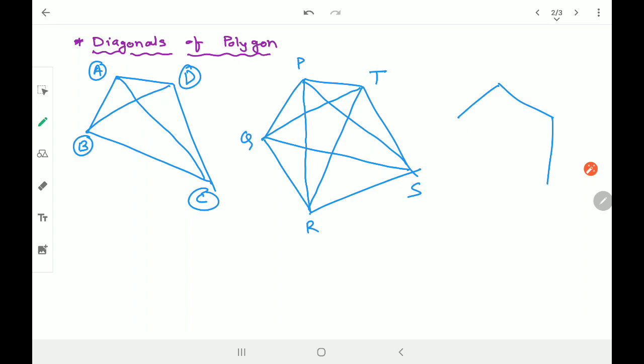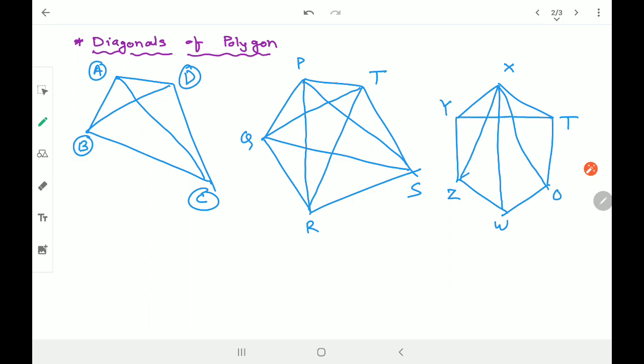If I take a hexagon like X, Y, Z, W, O, T, and I join all the opposite or non-adjacent vertices, we call them diagonals. So there are so many diagonals, isn't it? Got it.